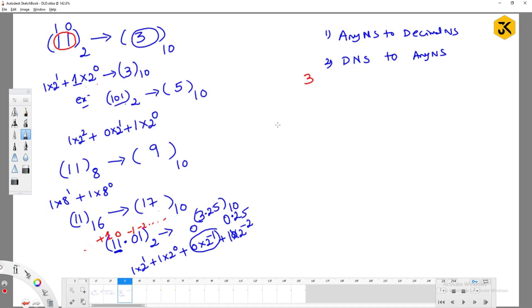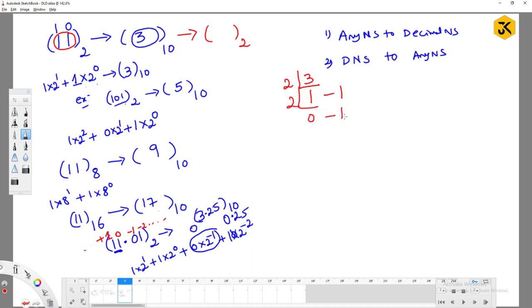Once you perform multiplication you get something; to get back, you perform division. So 3 should be divided by 2. Why am I converting to 2? Because my requirement is to convert 3 in base 10 to base 2. What you can do: 2 ones are 2, remainder is 1, and 2 zeros are 0, remainder is 1.